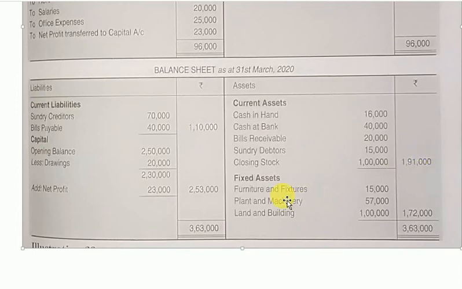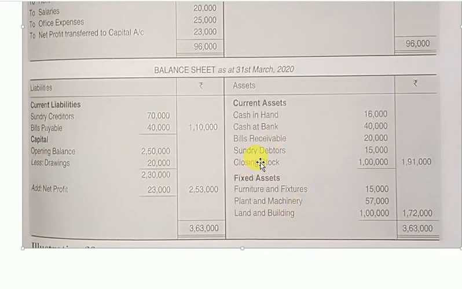Here is the other one, that is furniture and fixtures, plant and machinery, land and building. So these are all your fixed assets. After adding all these things, we will get the amount of 1,72,000. You can write it separately also, and after adding all these items, you will get the amount of 3,63,000 here too. Okay, so if you want to write it like this, then this will also be okay.